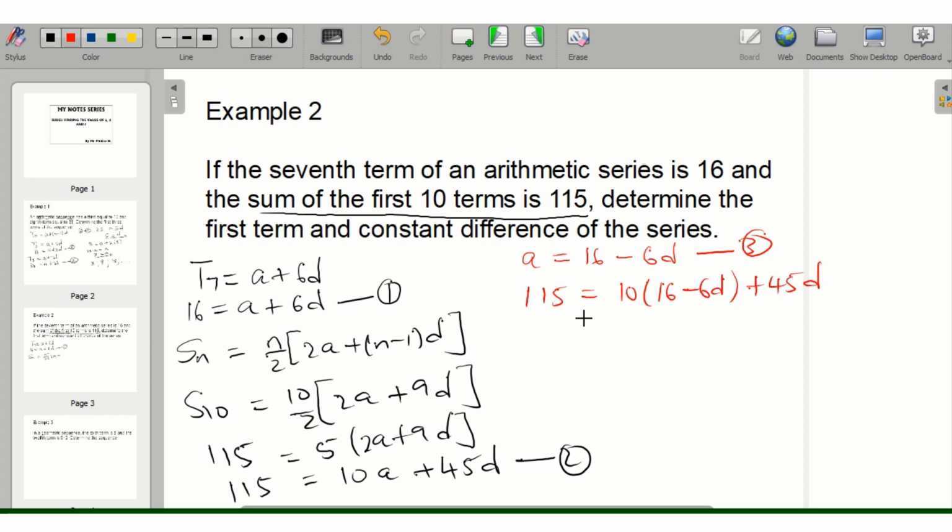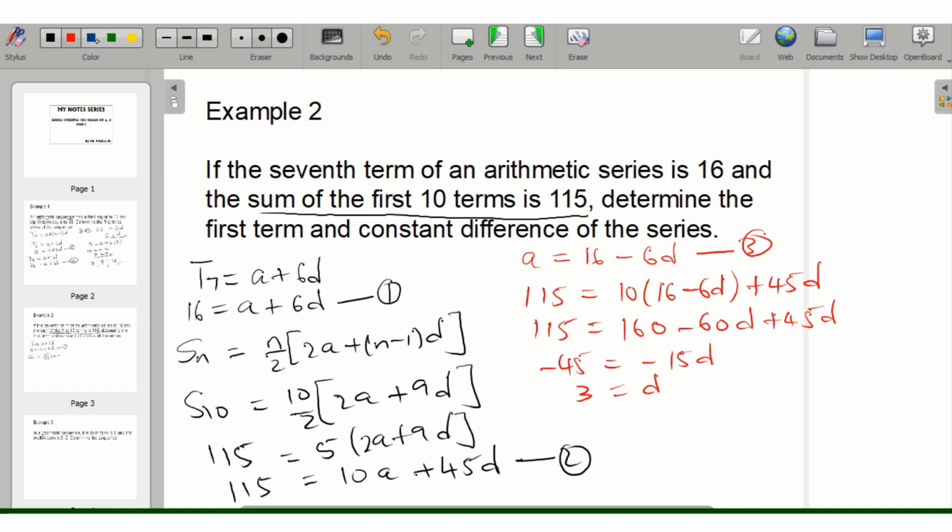So it's just a matter of simplifying. 10 times 16 is 160. 10 times 6 is minus 60d plus 45d. Transpose this 160, so that's minus 45. Minus 60 plus 45, that's minus 15d. Divide by minus 15 on both sides and you get d equals 3.